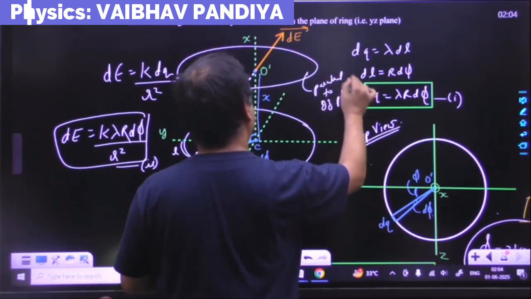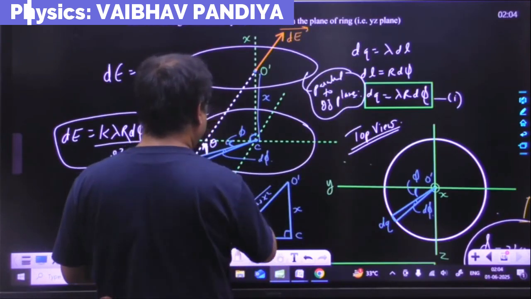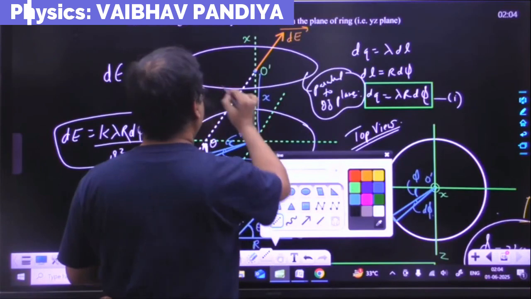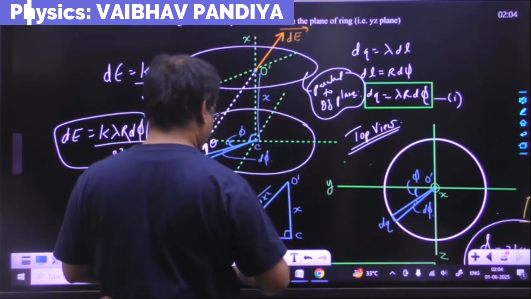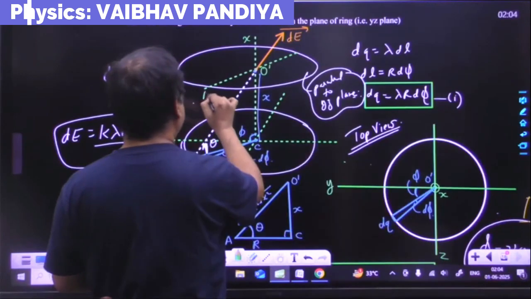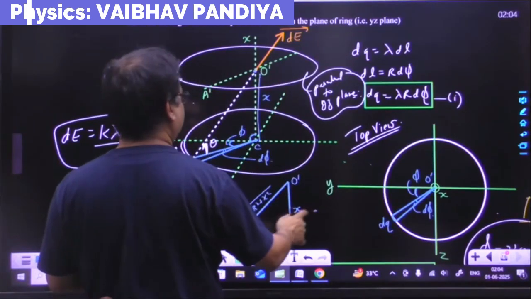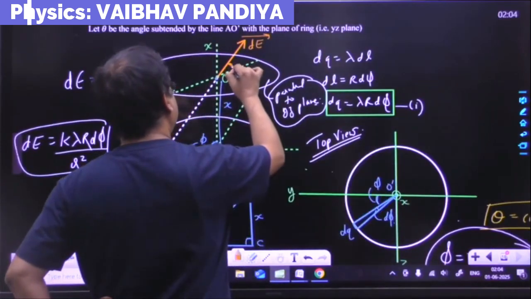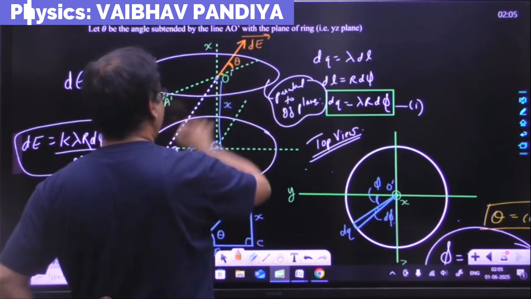So I can make a plane parallel to the YZ plane, correct? And this is a line AC. Say there is a point A dash above A, and O dash is above C. So if this angle is theta, vector dE will make angle theta with the YZ plane, being the corresponding angle.